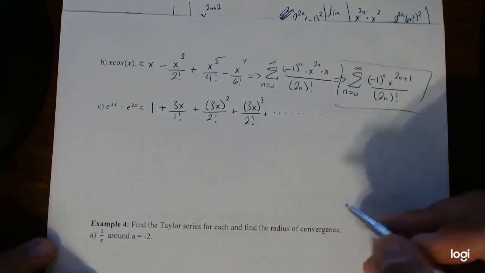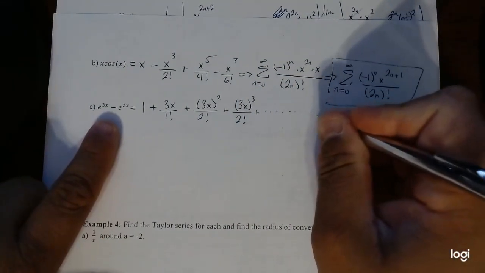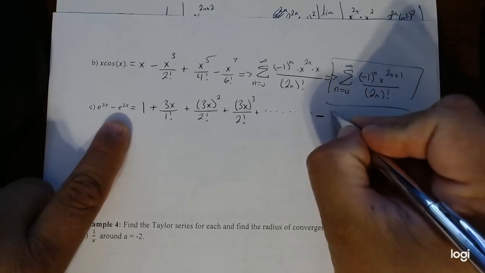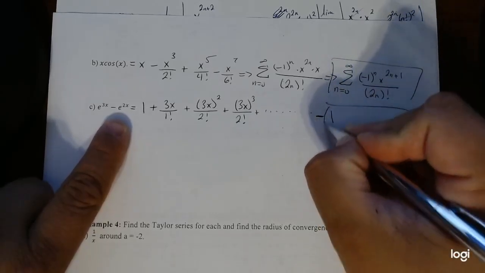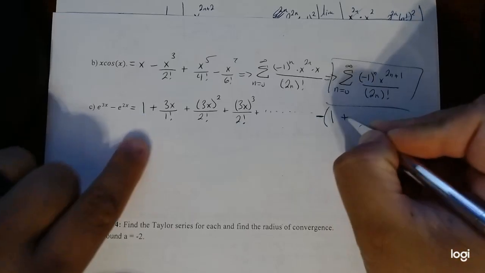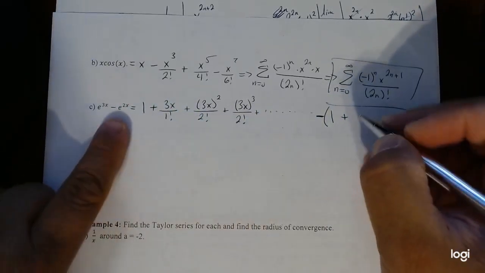So that goes on, and then minus this series, which is 1, and I'll just put this in parentheses, right? 1 plus, and again, it's going to be the exact same thing, except now it's just going to be 2x instead.